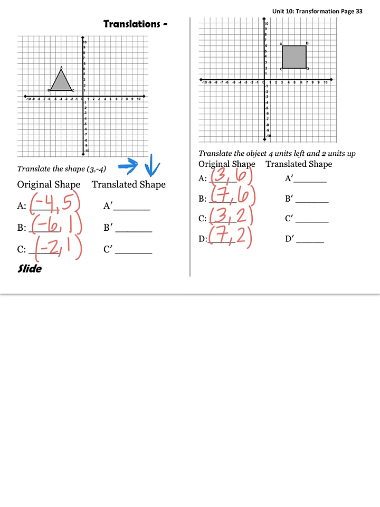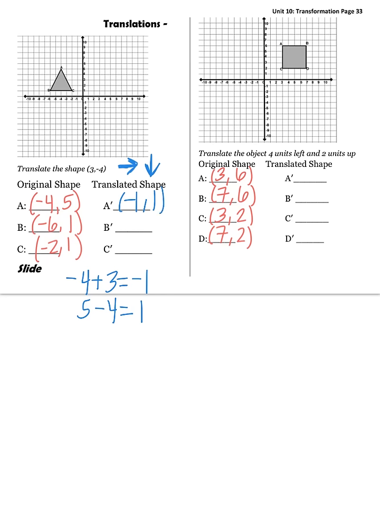Okay, so you could do it mathematically. You could say negative 4 plus 3 and get an x value of negative 1, and 5 plus negative 4, but that's double signing, so we get negative 1, 1.